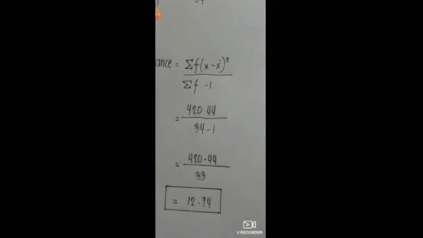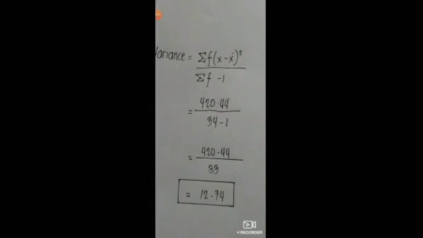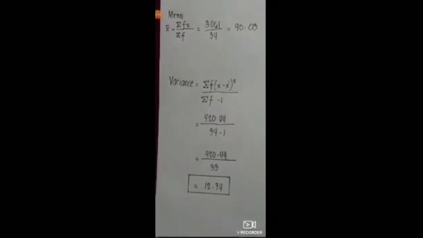So we put 420.44 divided by 33, and we have the result of 12.74. So our variance is 12.74.